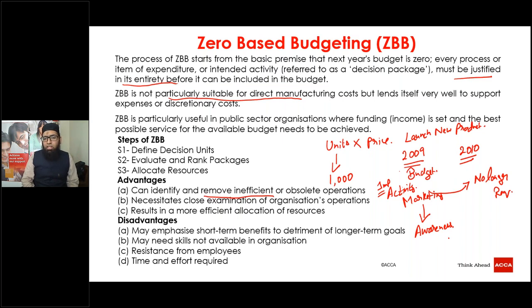Now, this activity is pretty much relevant for 2009, but in 2010, there is no need for further awareness. The marketing strategies should be different from what we have decided in 2009. Now, in case of incremental budgeting, in 2010, we will be doing the same kinds of marketing which are for awareness, although we don't need that.